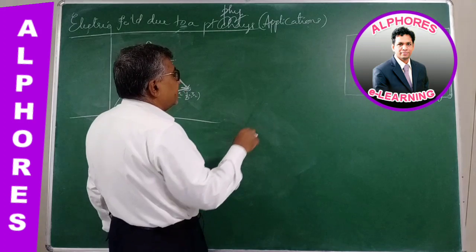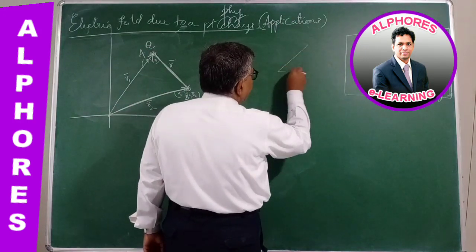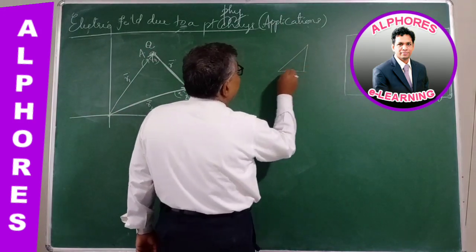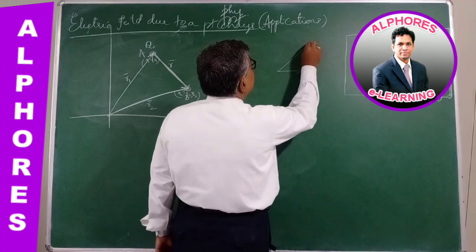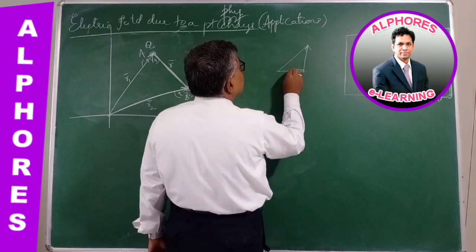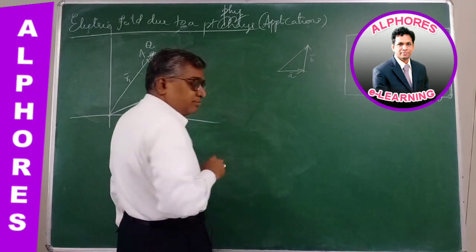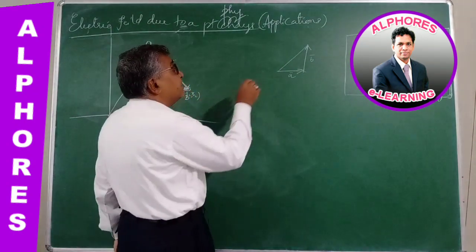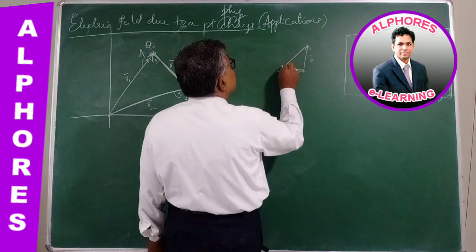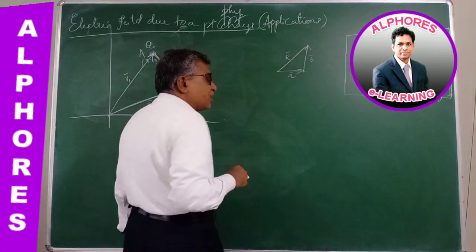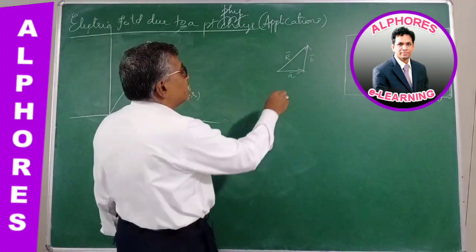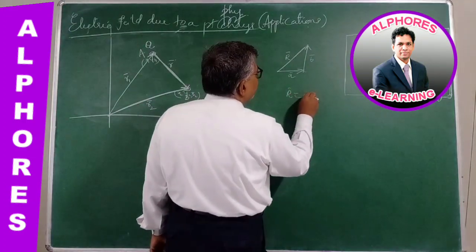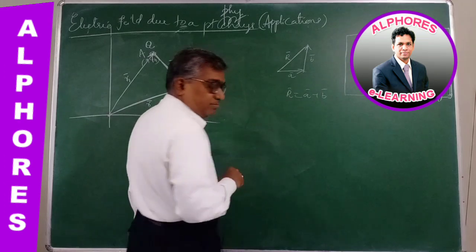In your first year you have studied the triangle law. If two vectors are represented as two sides of a triangle, this is A bar and this is B bar, taken in order, the third side or the closing side taken in the reverse order represents the resultant vector. So therefore R bar is equal to A bar plus B bar.